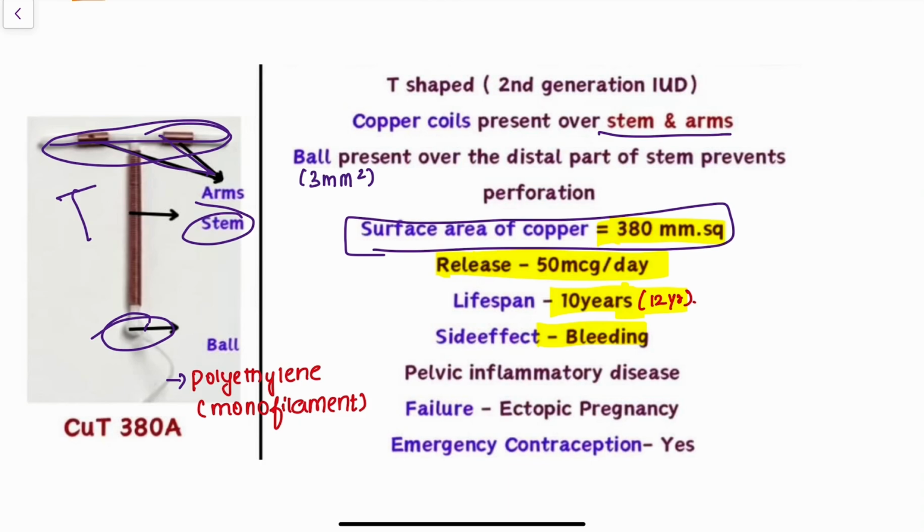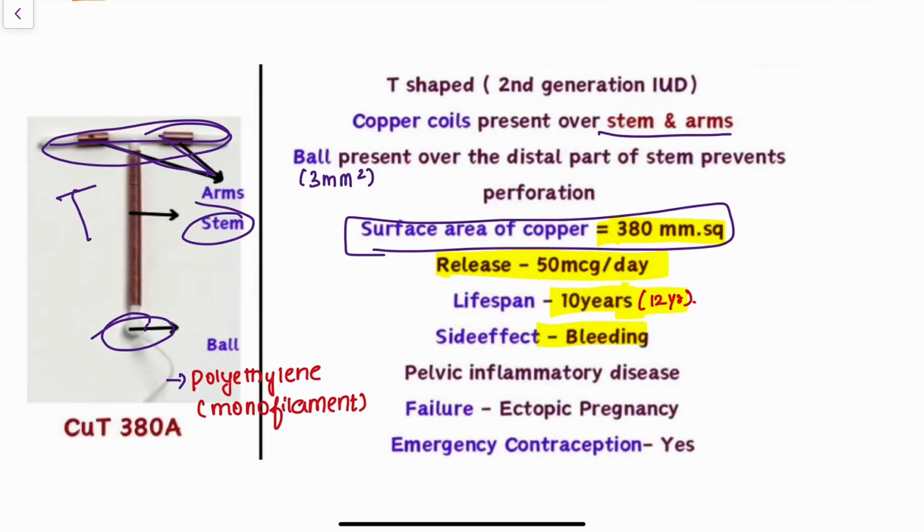This might lead to pelvic inflammatory disease, even though the risk is low. So the complications which can be anticipated are bleeding and pelvic inflammatory disease. This copper T is going to prevent all types of pregnancy, including normal pregnancy and ectopic pregnancy.